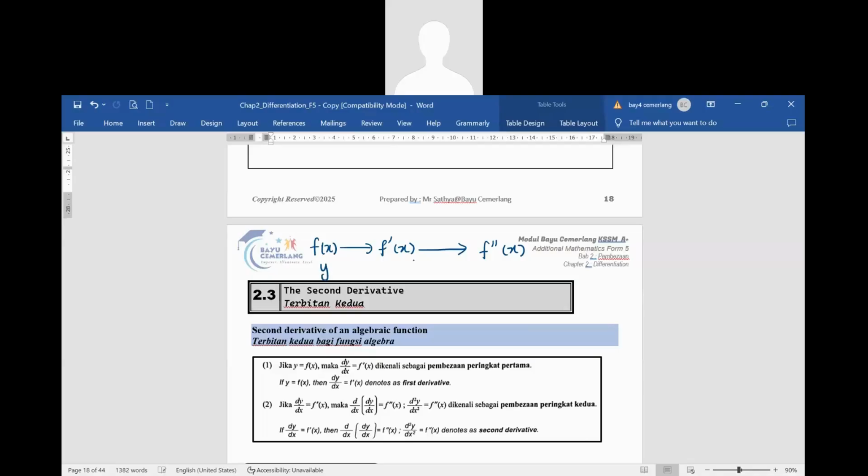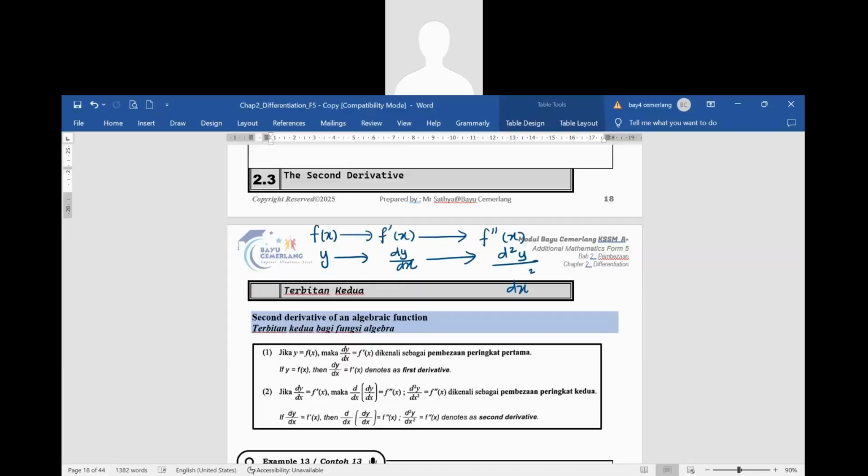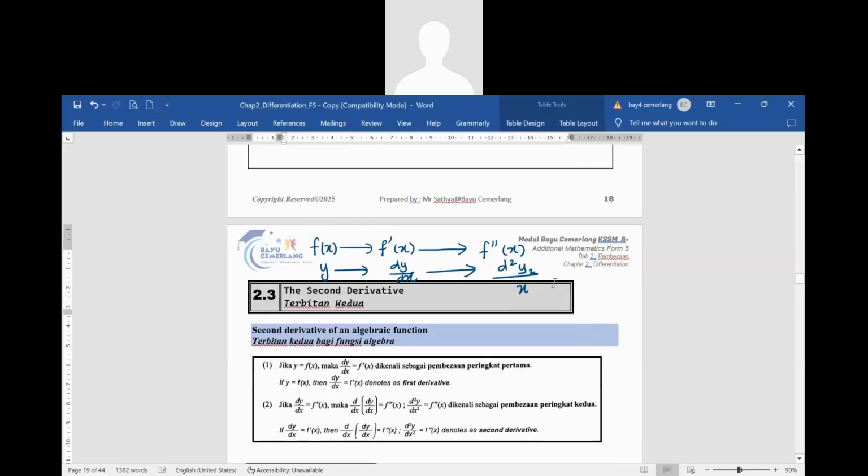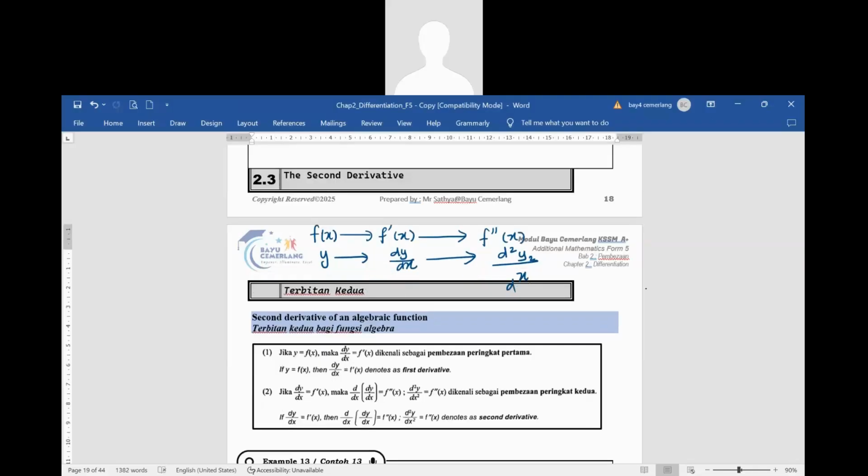Kalau first you have y, you differentiate, dia akan jadi dy dx. You differentiate again the dy dx, it become d square y over dx square. Okay, something happened.